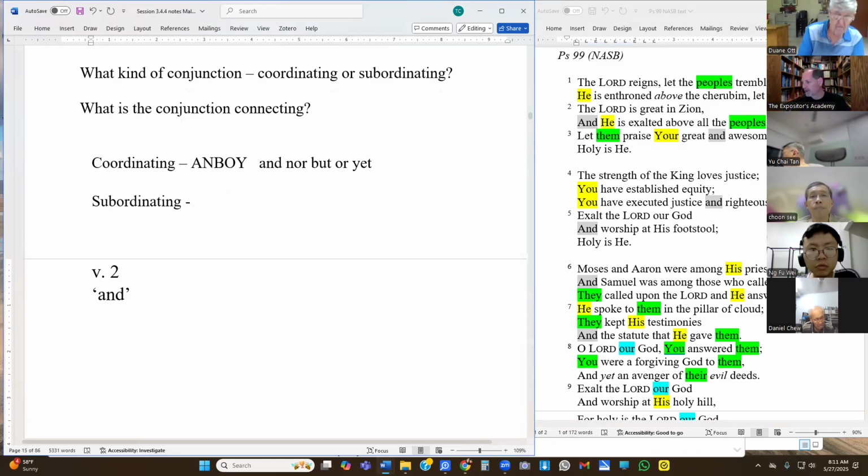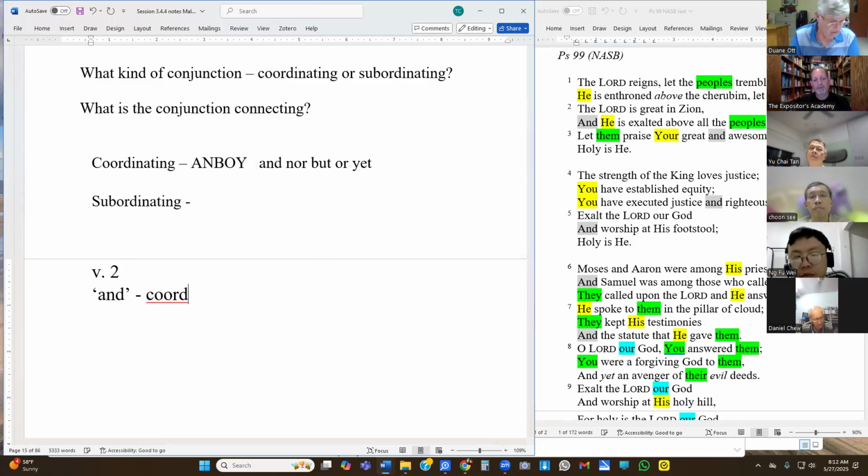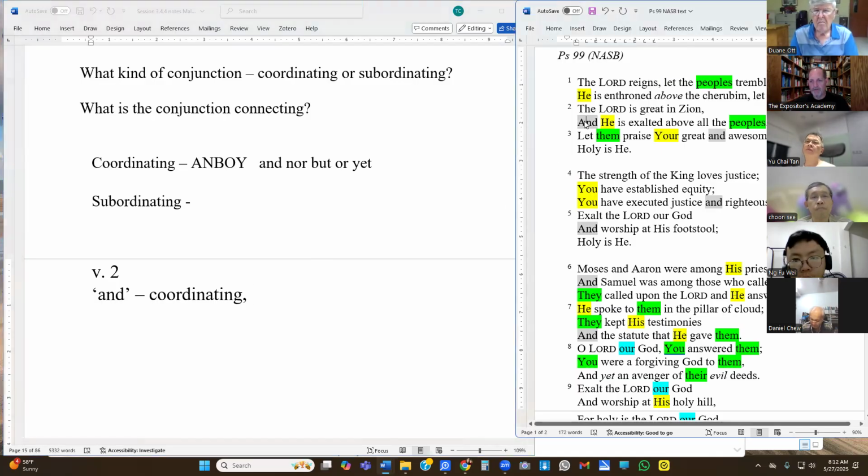Is it coordinating or subordinating? Coordinating. Yeah. From the and boy that I mentioned there. Coordinating, which means it's connecting two grammatically equal statements, words, phrases, or clauses. What is this and in verse 2 connecting?